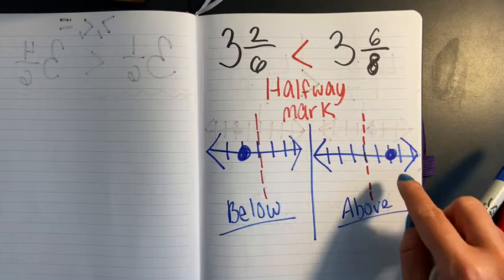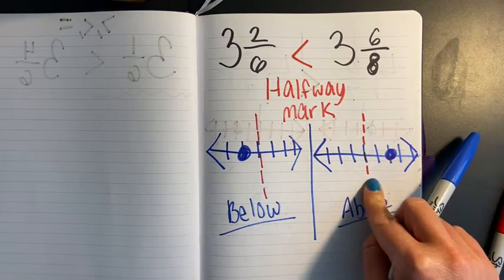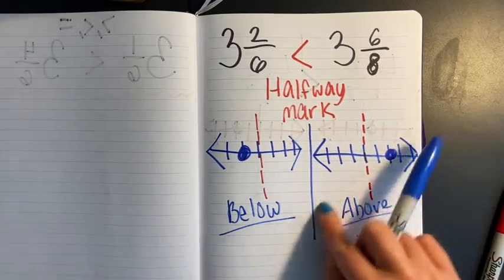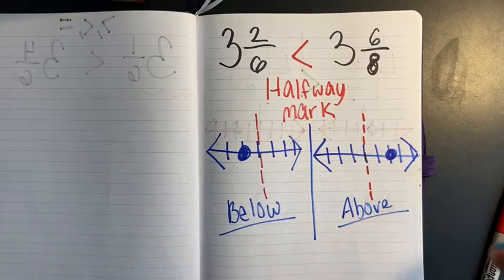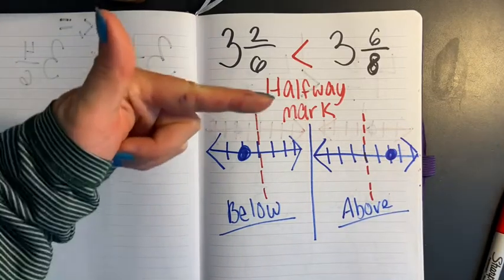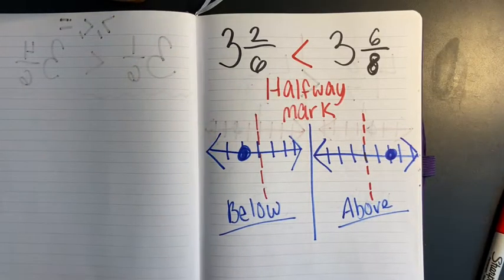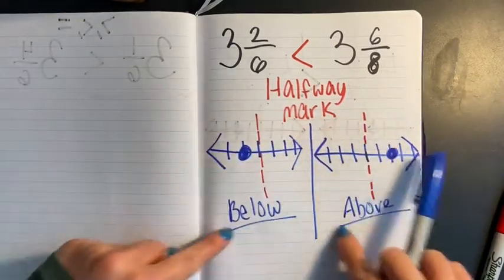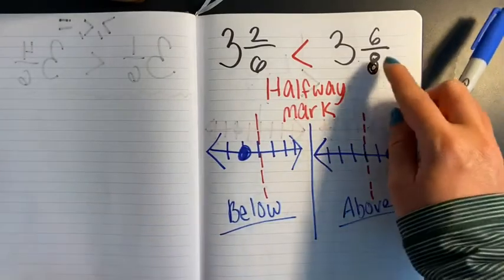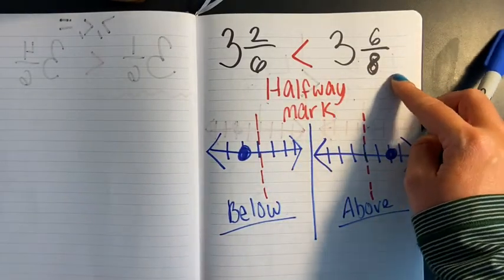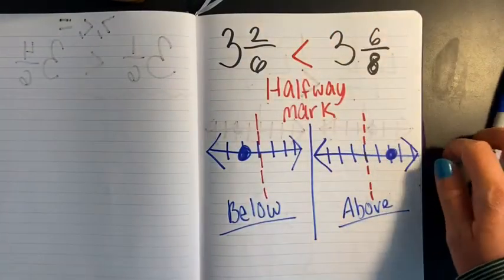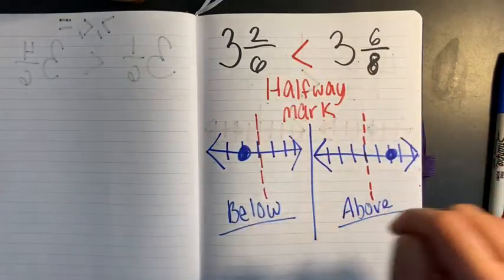In comparing 6/8 with 4/8, I know that 6/8 is above that halfway mark. So if it's above the halfway mark, it's going to be closer to the next whole number, which means it has a larger value. So by using the halfway mark, I saw that 3 and 6/8 is going to be greater than 3 and 2/6.